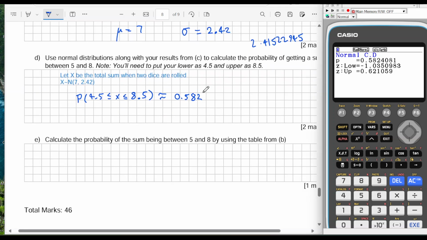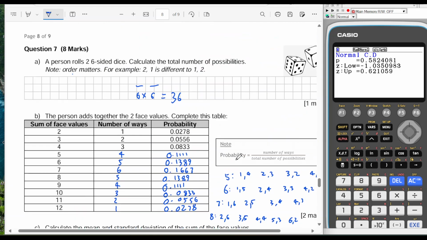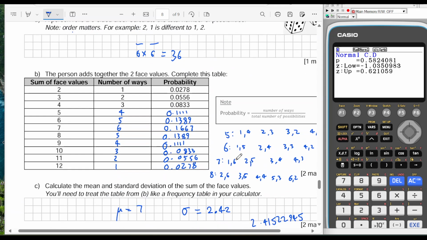So that's it. They're asking for a probability, so that's literally all it is. Calculate the probability actually using the table. So we want between 5 and 8. So I want to add these numbers here.